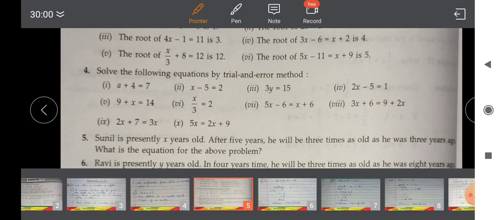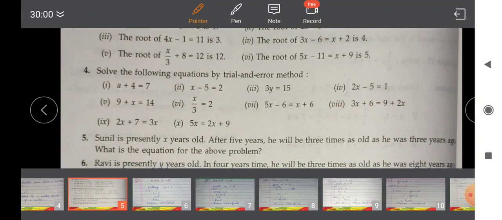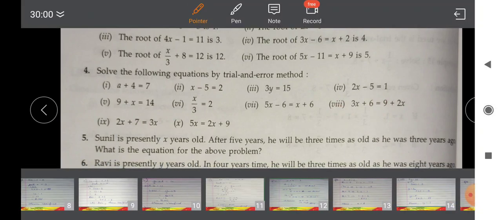Depending on the equation you need to put the values and then solve. If the value is satisfying the given equation, it means that is the solution of the given equation. Okay, so let us see how we are going to do it.